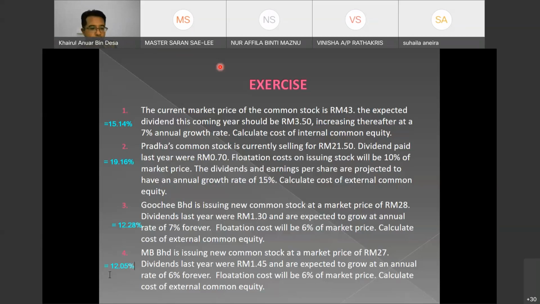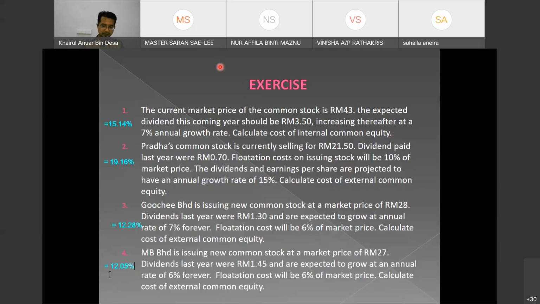Okay, saya nak tunjuk satu je lah. Saya nak tunjuk soalan nombor 4.